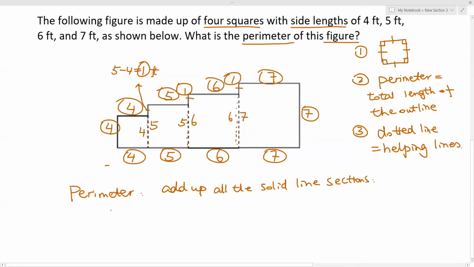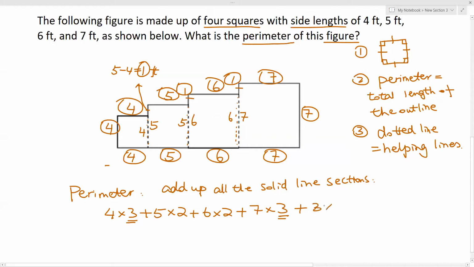Okay, so we're going to do 4 times 3 for the first square, and we're going to do 5 times 2 for the second square, 6 times 2 for the third, and 7 times 3, very important, for the fourth square. We have 3 solid sides. And don't forget the 3 little 1 foot sections, right?